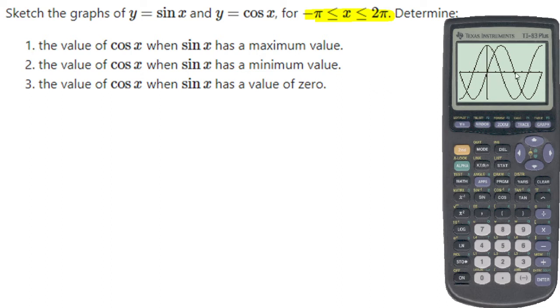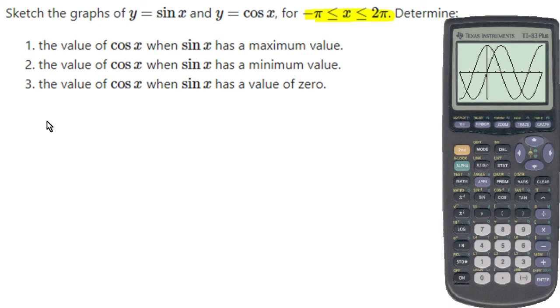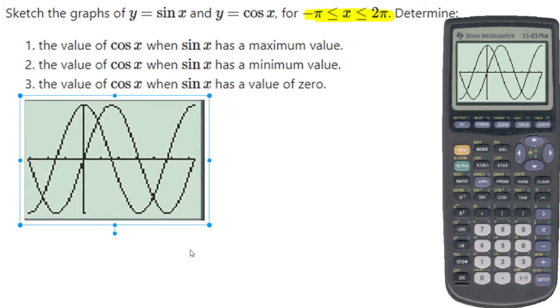And cosine of pi, which is here, is negative 1. So now we can answer some of these questions. I'm actually not going to sketch this. I'm just going to take a screenshot of it. So there it is.